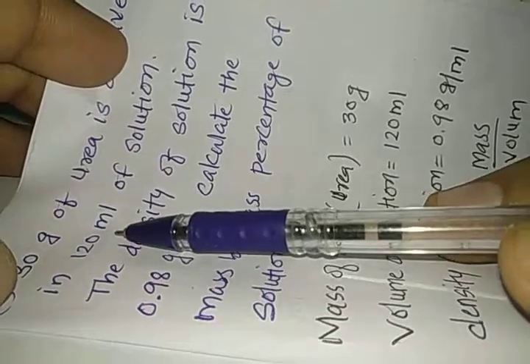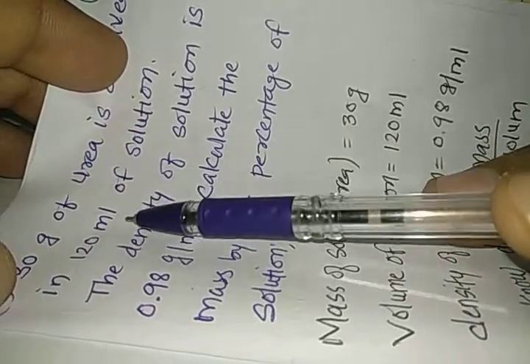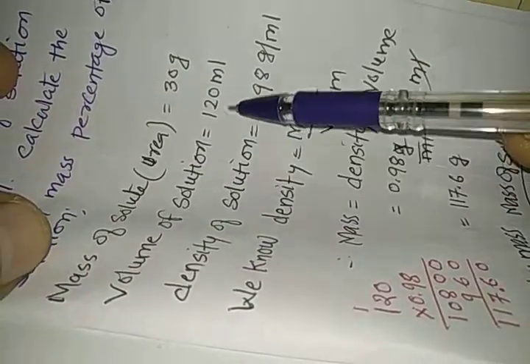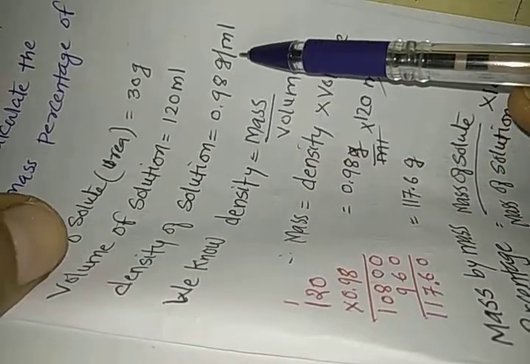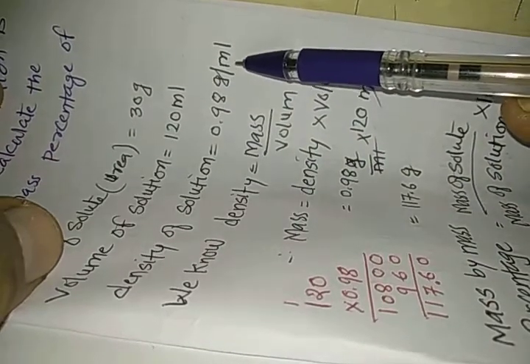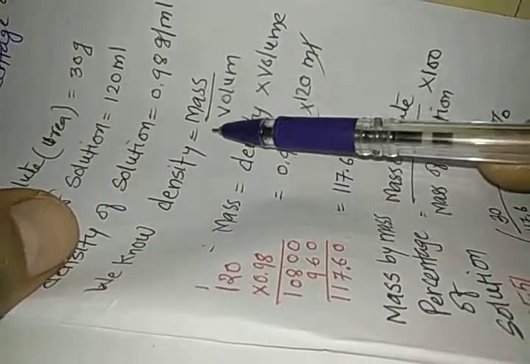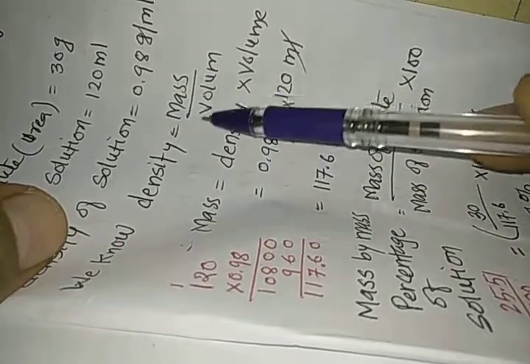So somehow we will have to convert this ml of solution into gram of solution. We know that the mass of solute, that is the mass of urea, is 30 gram, volume of solution is 120 ml, and density of solution is 0.98 gram per ml. That means 1 ml of solution weighs 0.98 gram. We know that density is equal to mass by volume, therefore mass is equal to density multiplied by volume.